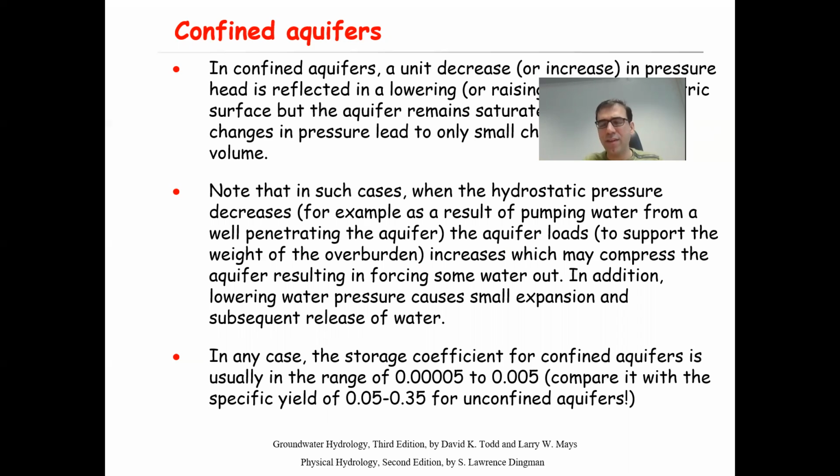In any case, the storage coefficient for a confined aquifer is usually in the range of 5 times 10 to the minus 5 to 5 times 10 to the minus 3. Compare this value with the previous one for unconfined aquifer, which was 5% to 35%.